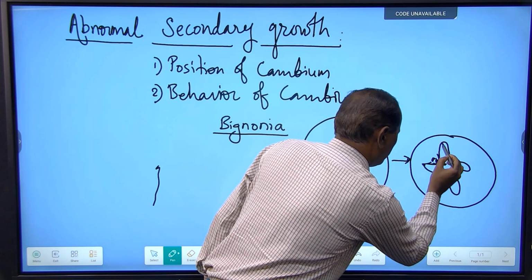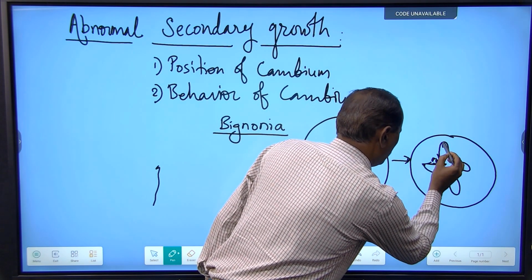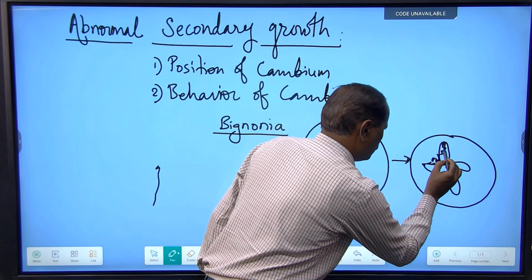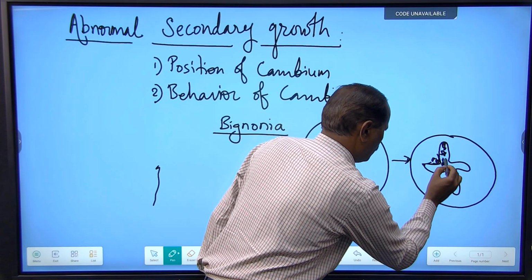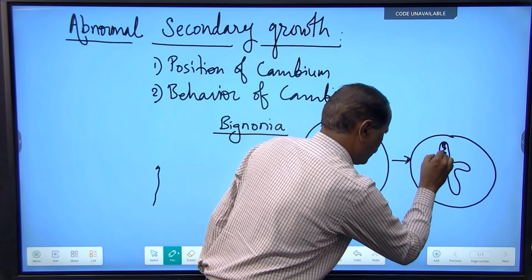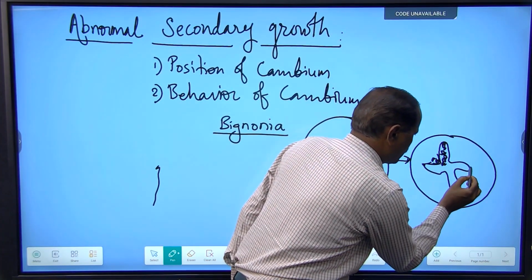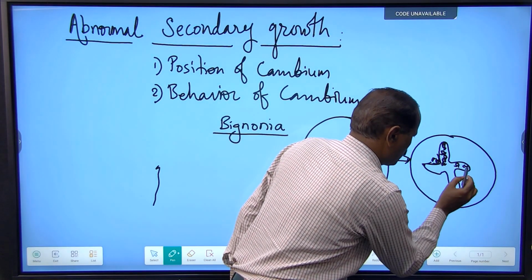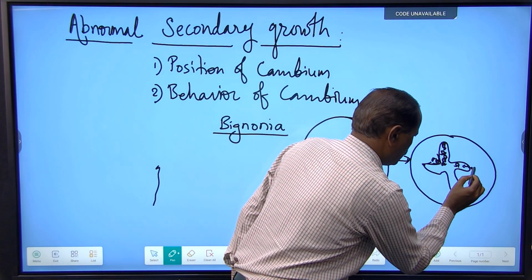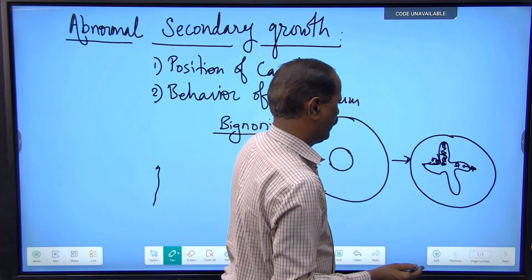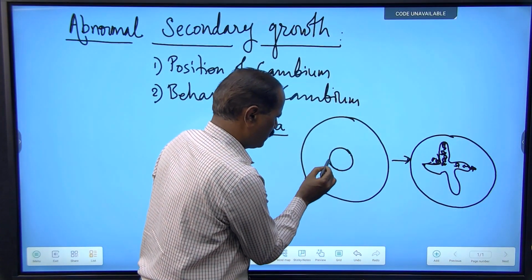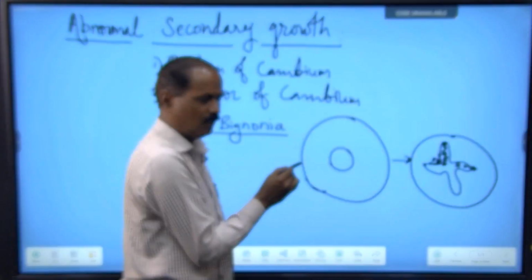So this is the primary xylem. Now this is producing secondary xylem. The primary xylem is being pushed towards the center. Here is the cambium, the secondary xylem is pushed towards here, and this is the secondary phloem. Likewise, initially the cambium is in a circular manner.